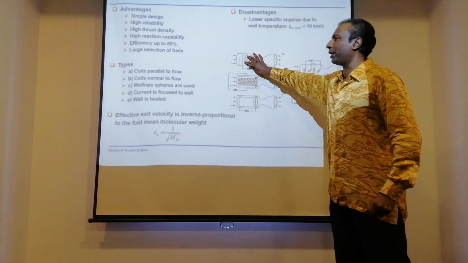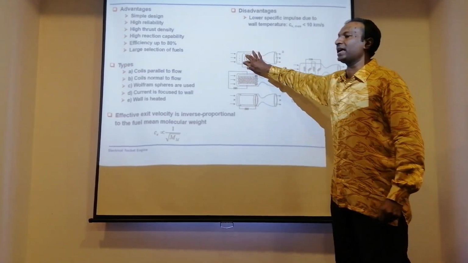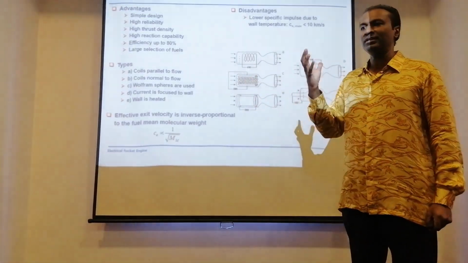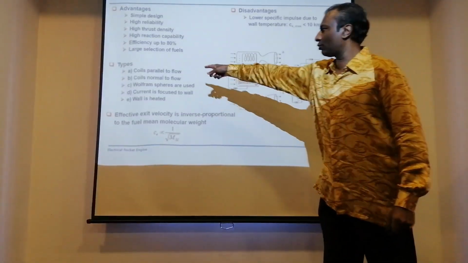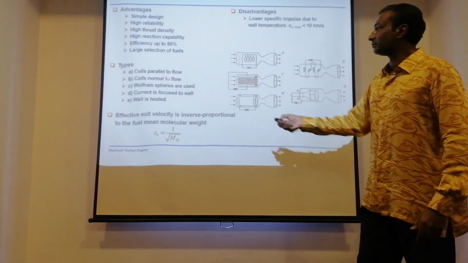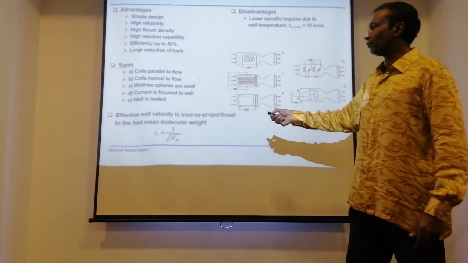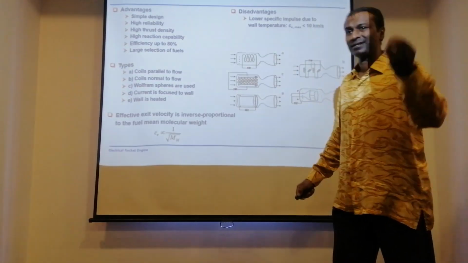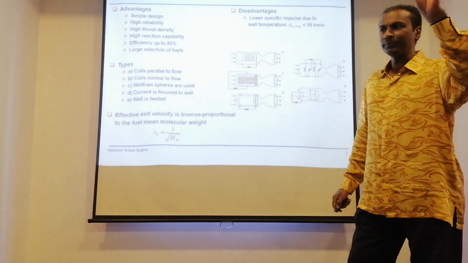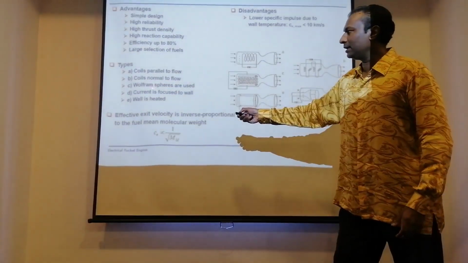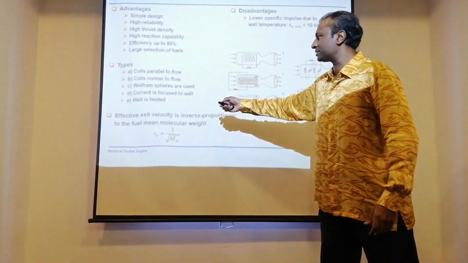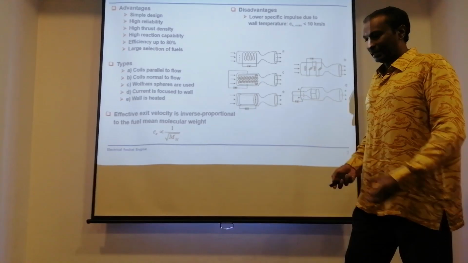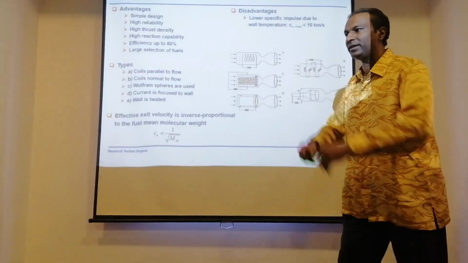Now for this coil, they can use different kinds of design. The coil can be parallel to the flow, or normal to the flow. A wolfram sphere, which is tungsten, can also be used. You put this sphere in, and when it is already hot, you splash the fuel inside.